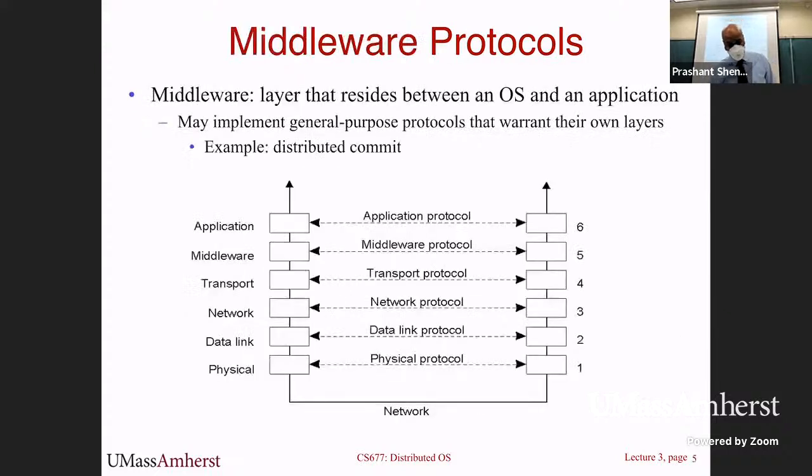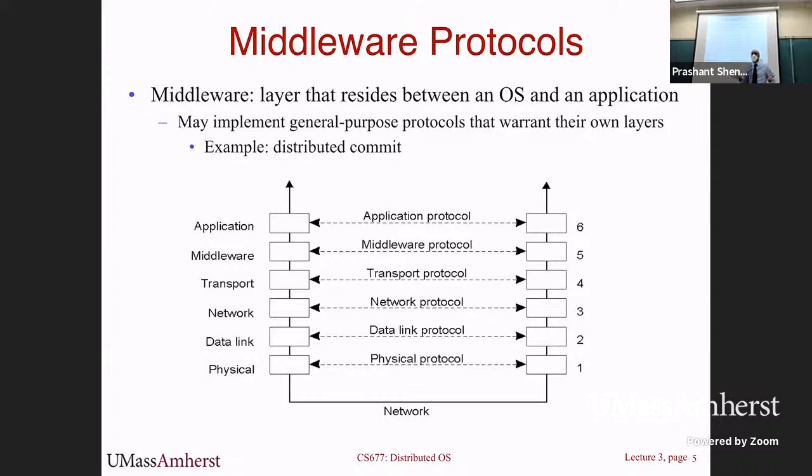Now, in this course, later on, we are going to have a middleware layer sitting between the transport layer and the application that's going to provide additional functionality to us. Let's think of this as a software layer above which the application runs, and that software layer provides other important protocol services. We'll give you here as an example on this slide: distributed commit, distributed transactions.